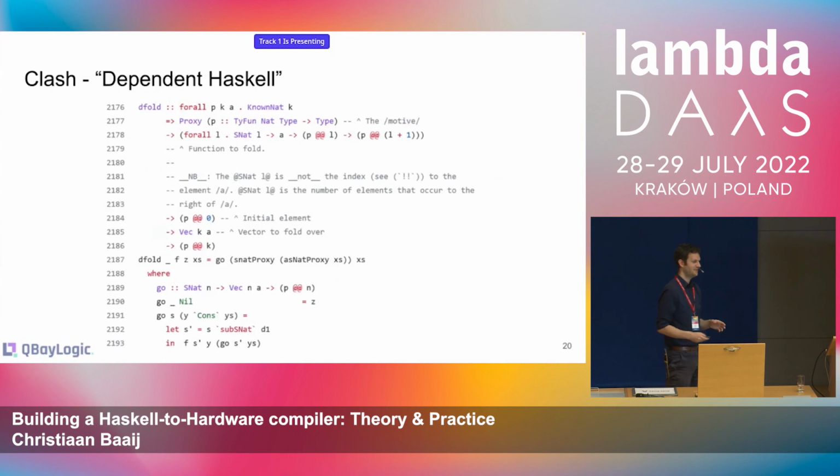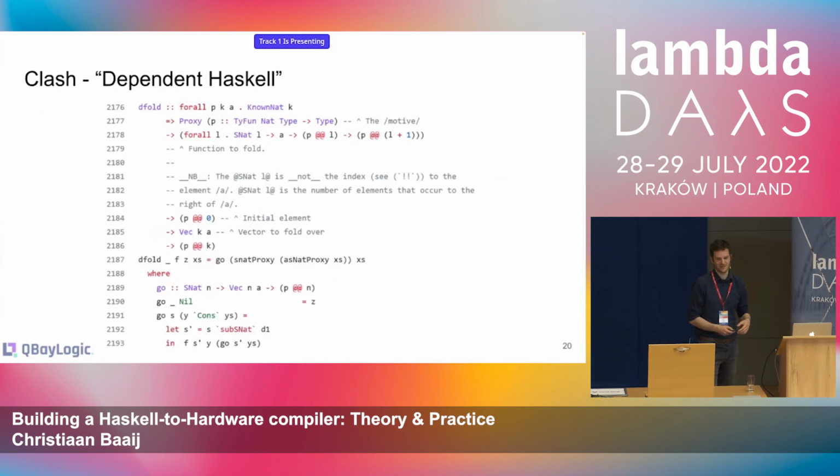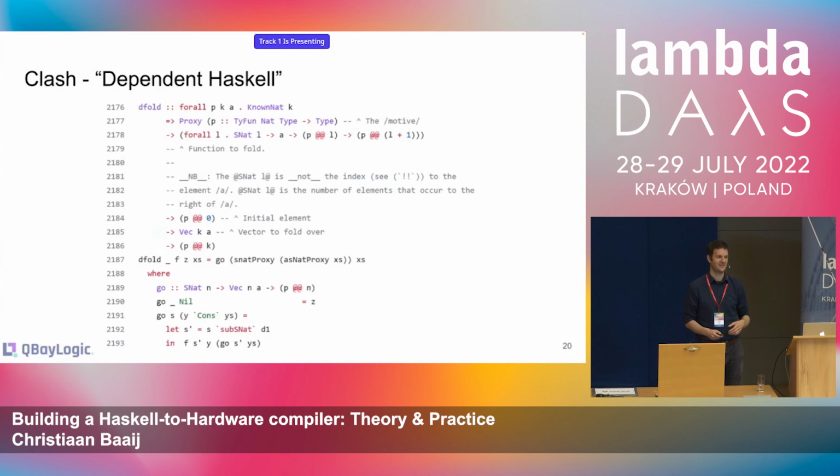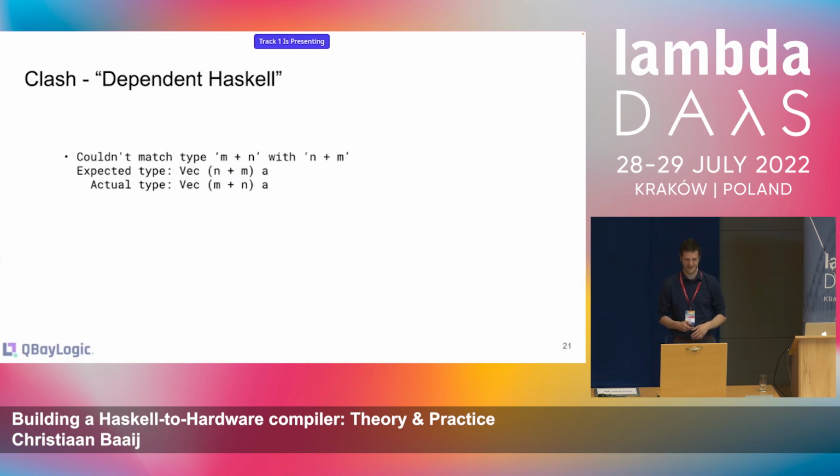And then you can do crazy stuff as well, because it's dependent Haskell. So normally you have a fold that goes to a single element, but now, don't look too much at the code if you're not really into Haskell, but basically I wanted to have some fun, and I never show this function to any circuit designers, because the fold is already crazy for them, but then the dependent fold, where the output type depends on the length of the vector, that's just too much.